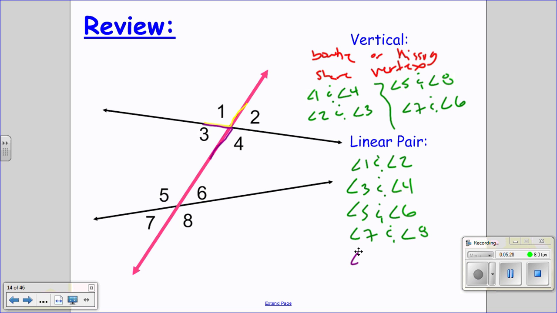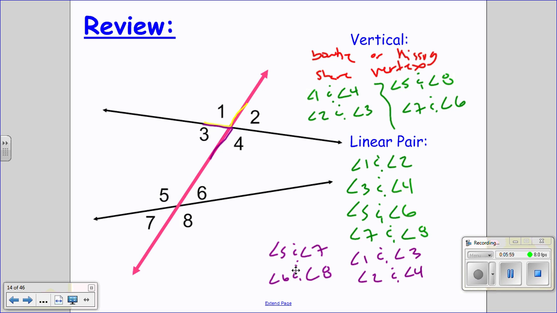So that's another pair, angle 1 with angle 3. So that means angle 2 together with angle 4, angle 5 with angle 7, and angle 6 with angle 8. So as you can see, there's a lot of linear pairs in this picture. This again was a review of vertical and linear.